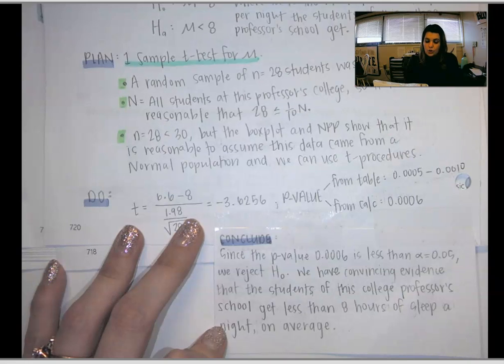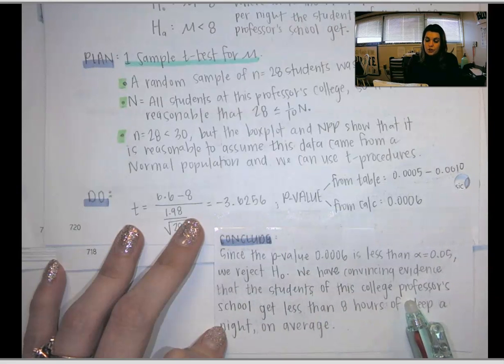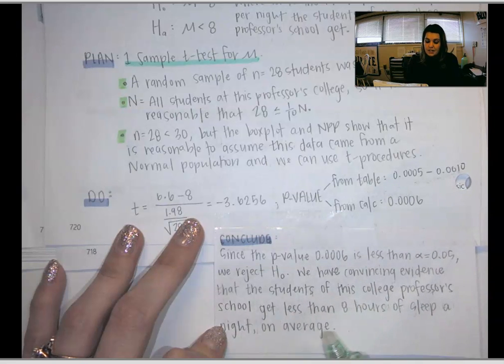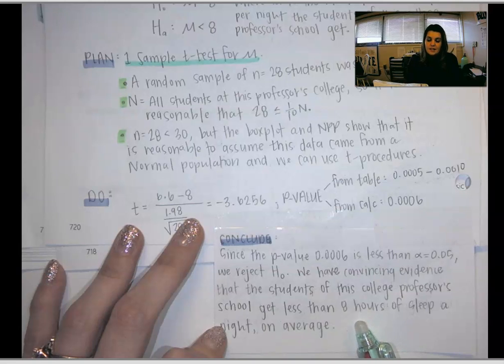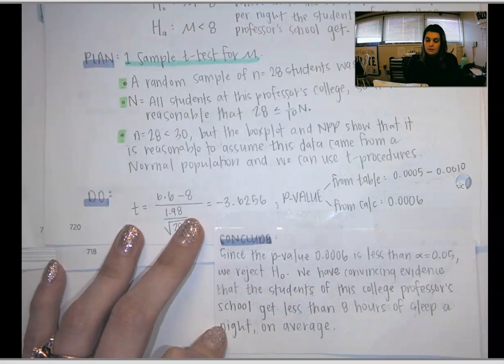One thing to note is that our alternative is that it's less than 8. So I framed my conclusion based off of the alternative. So we have convincing evidence that it is less than 8, not equal to 8.